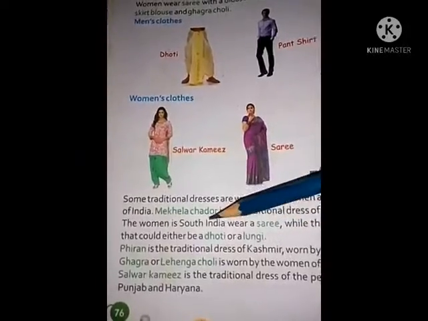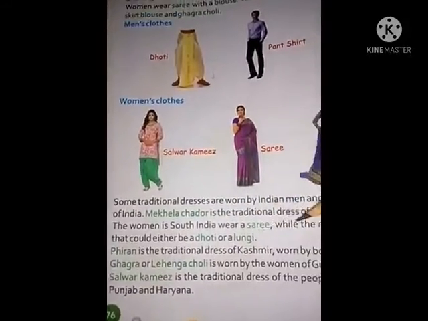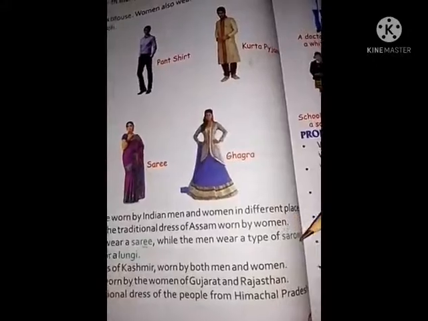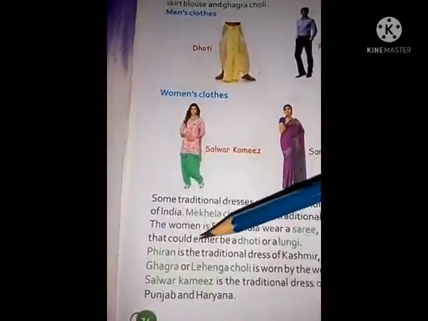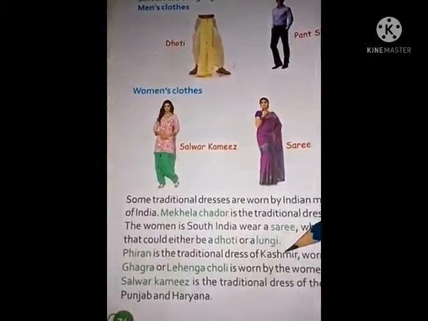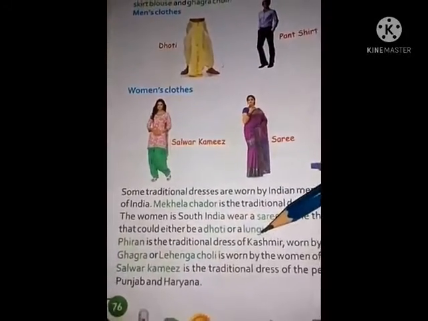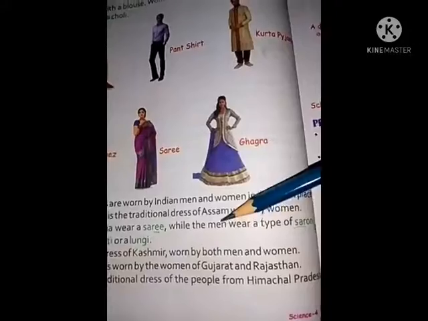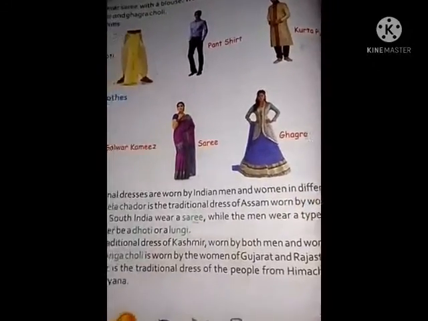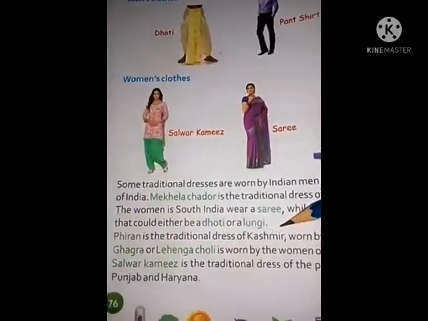The women of South India wear sari, while the men wear a type of sarong that could either be a dhoti or a lungi. Means they wear a type of sarong. Sarong includes dhoti or lungi. Okay.